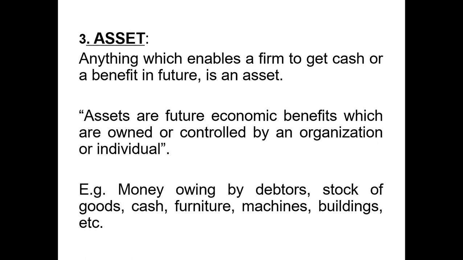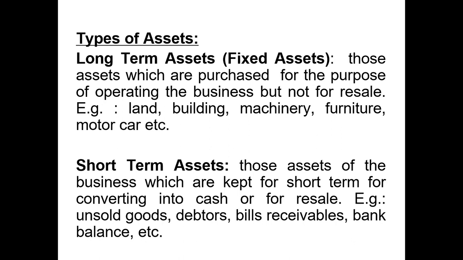Now the way we have segregated the liabilities into long term and short term, we can here categorize the assets also into long term or short term. Long-term assets are also known as fixed assets. These are those assets which provide benefit to the firm for a longer period of time, for more than 1 year.